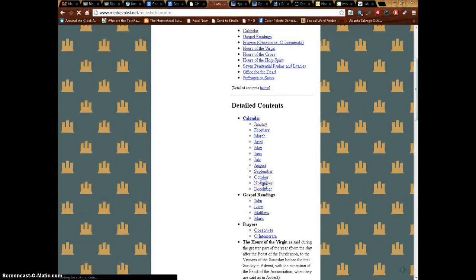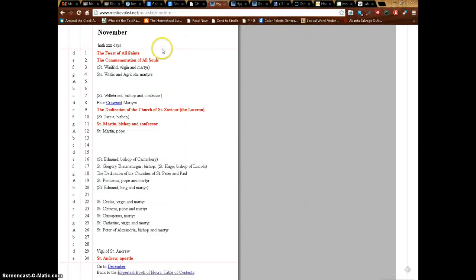So I'm going to click on November. November has 30 days, so I'm right there, and I'd be looking for the Feast of All Saints, the commemoration of All Souls, the dedication of the Church of Saint Savior, Saint Martin. So the very last one is Saint Andrew, Apostle.